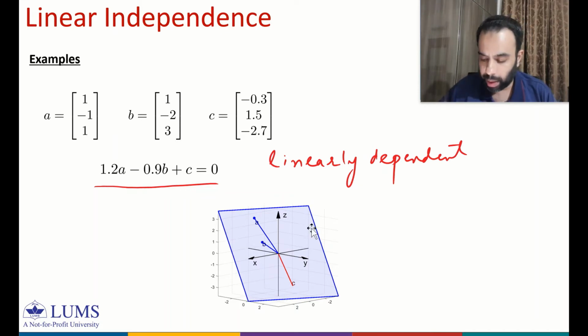This blue plane is the set of all linear combinations of a and b, that is, the span of a and b. This vector c is in the same plane, and therefore it is a linear combination of a and b. In fact, c is minus 1.2a plus 0.9b, right? And therefore a, b, and c together are linearly dependent.